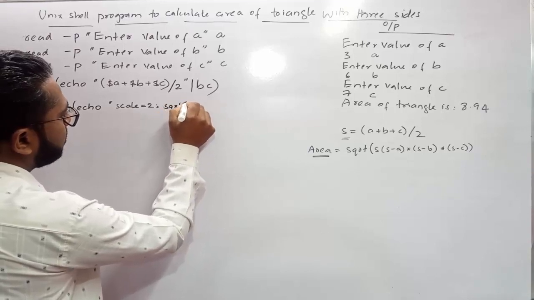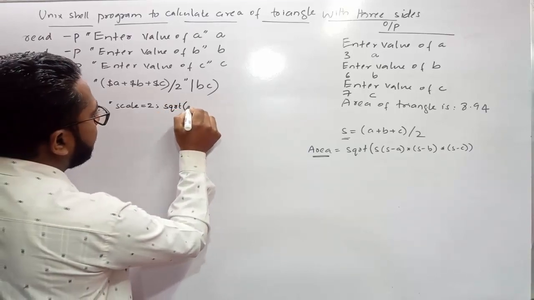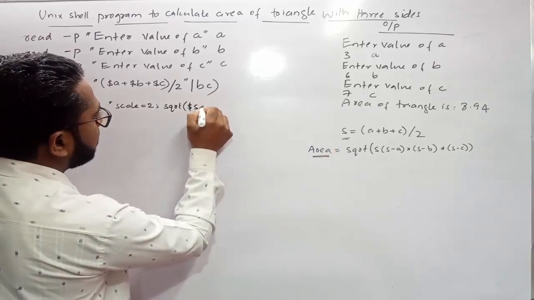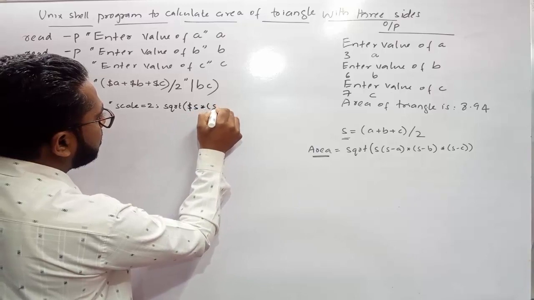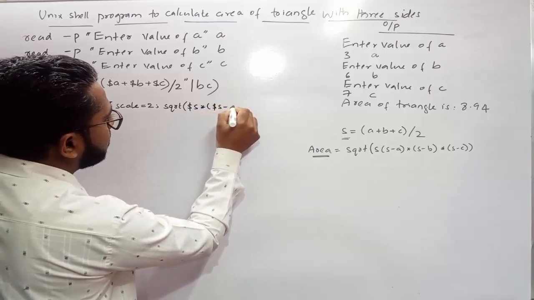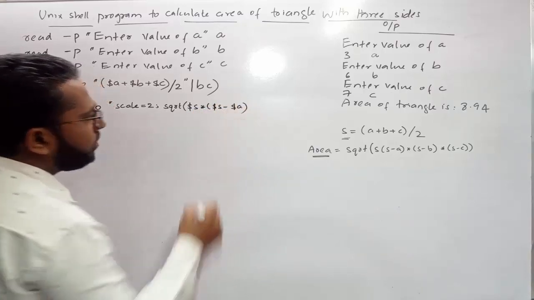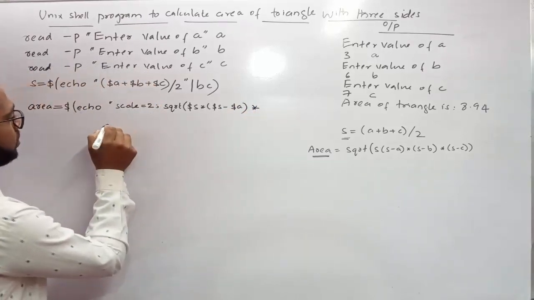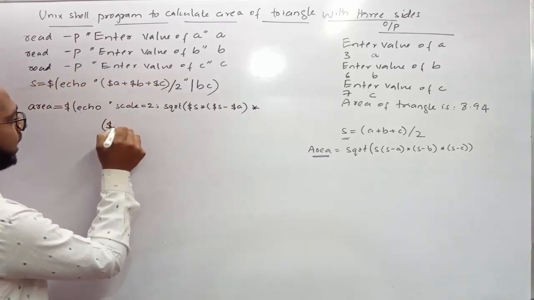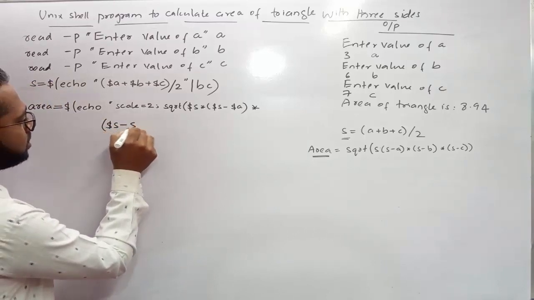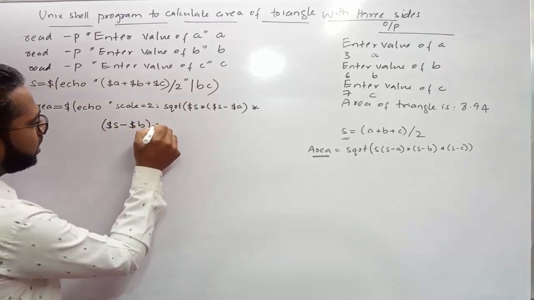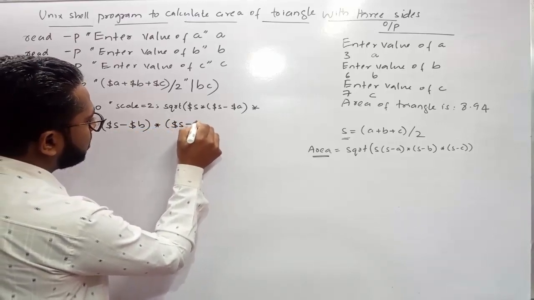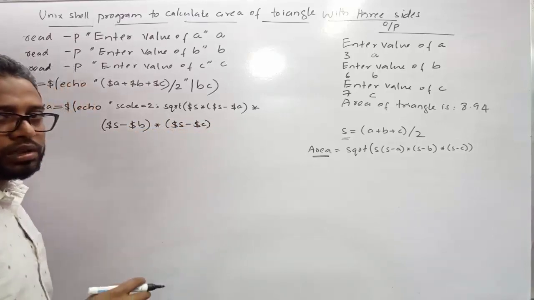Then open round bracket and $s * ($s - $a) * ($s - $b) * ($s - $c) close the round bracket.